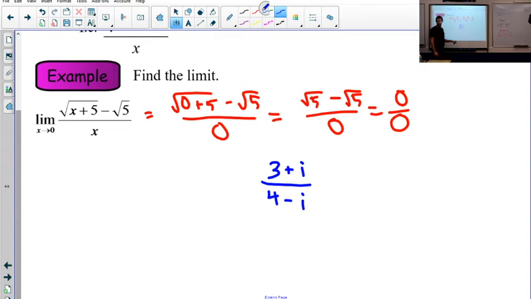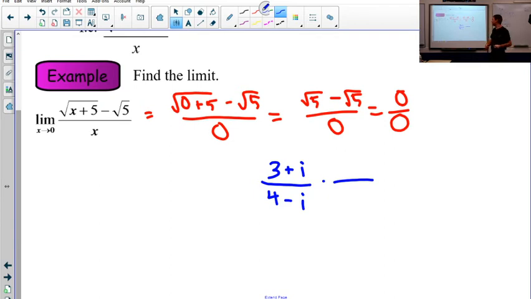And you wanted to simplify this to make sure there was no i on the bottom. And the way that we did that was we multiplied top and bottom. Remember, the goal is that all you want left on the top and bottom is a number and an i squared.